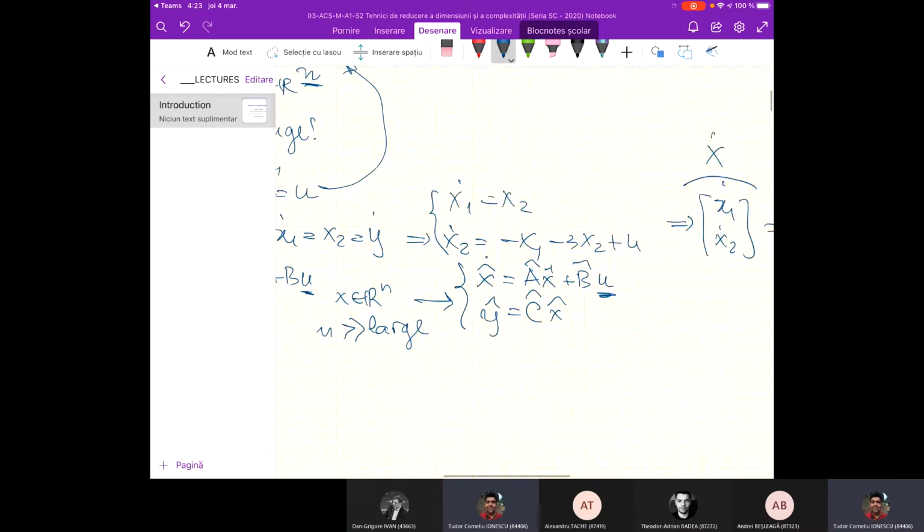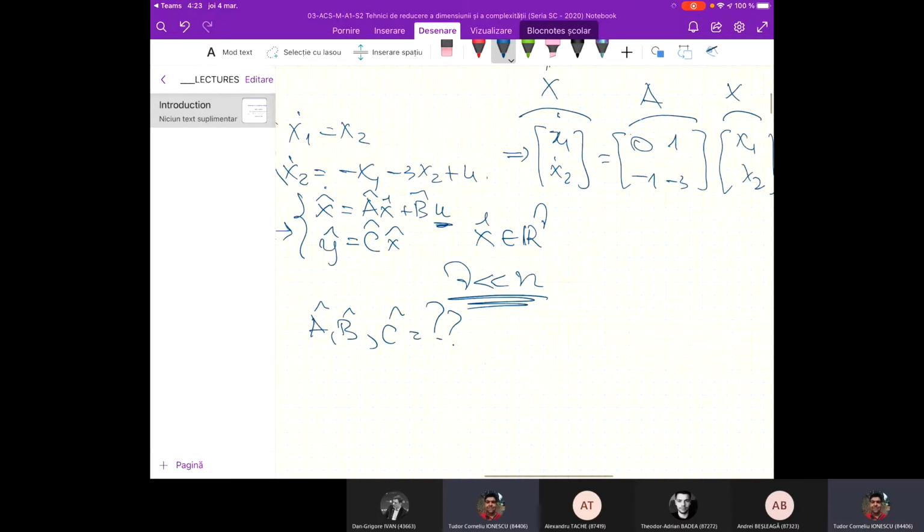You want to find this with X hat in R nu, with what condition? Nu much smaller than n. And you have to ask who is A hat, B hat, C hat. How do you compute these? And then you have to ask, how accurate is this?